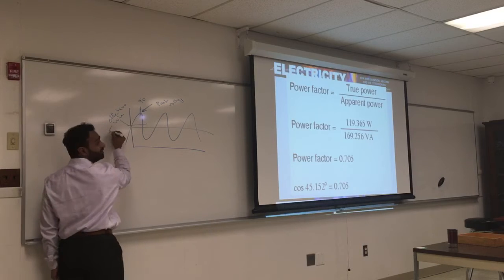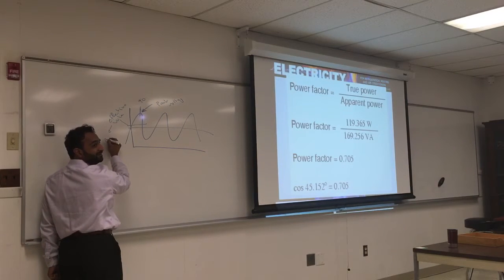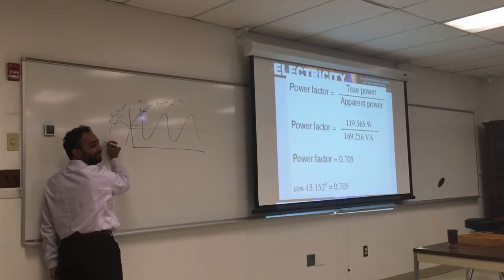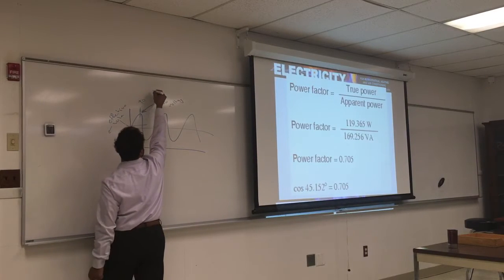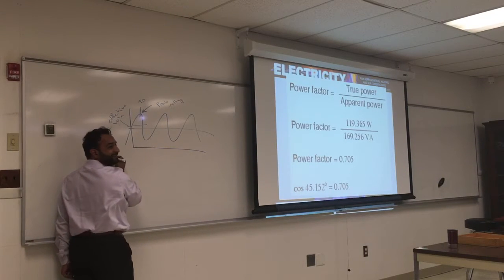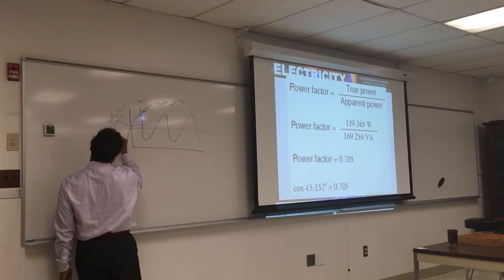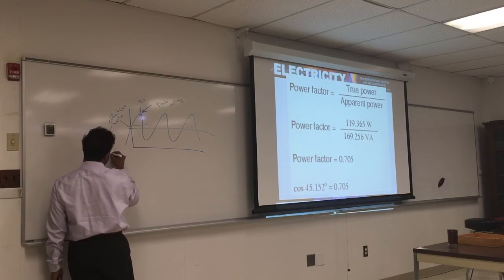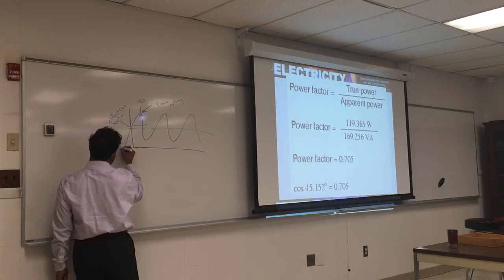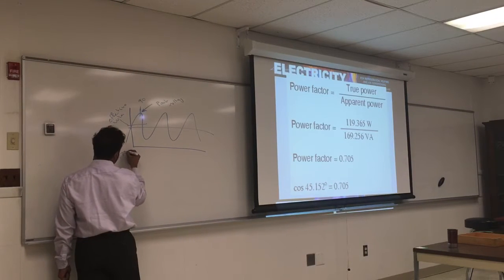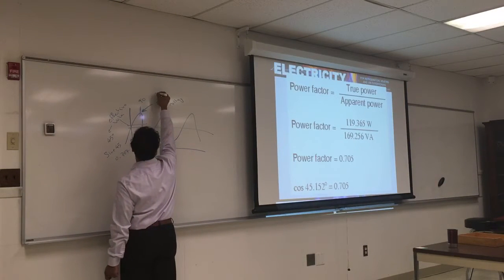And this one? 180, 360. Effective voltage? 45 degrees. And the sine of 45 is 0.707. We said the sine of 90 is 1.